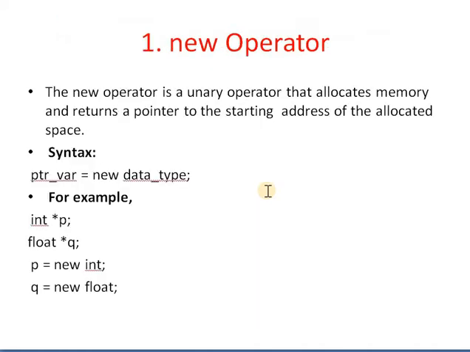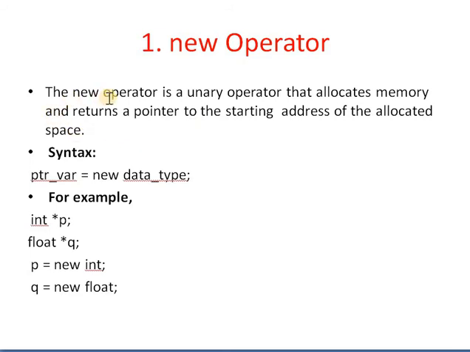Let's see these operators one by one. First is the new operator. The new operator is a unary operator that allocates memory and returns a pointer to the starting address of the allocated space.